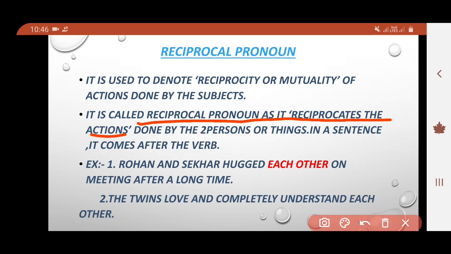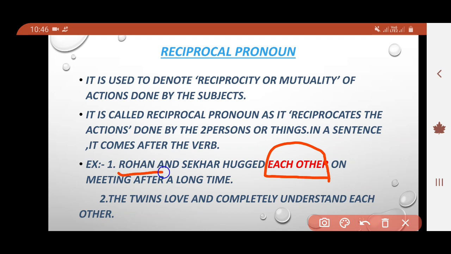So let us look at some examples. Number 1, Rohan and Shekhar hugged each other on meeting after a long time. This each other is the reciprocal pronoun here. And this each other is reciprocating the actions done by Rohan and Shekhar.